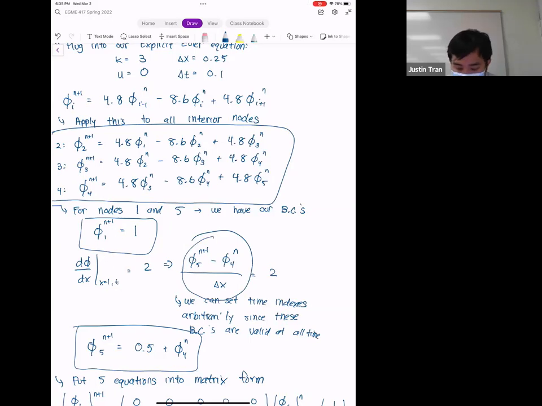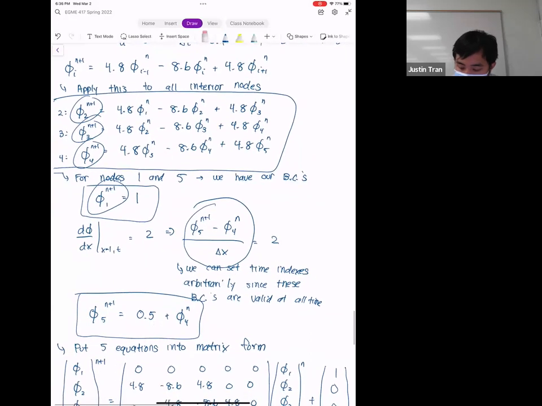If you look at all the equations that we've developed so far, phi 2, phi 3, phi 4, and phi 1, they all had an n plus 1 term. If I were to draw out the domain like this, we have 1, 2, 3, 4, 5. The only one that we're missing so far is just phi 5 at n plus 1.